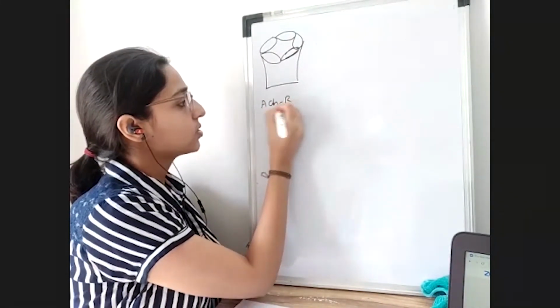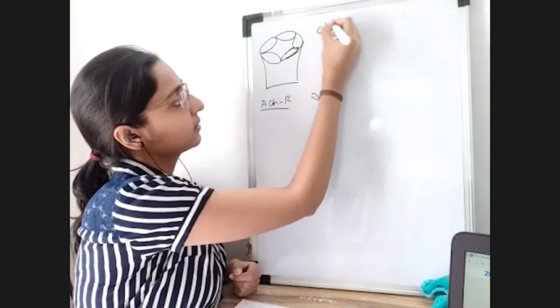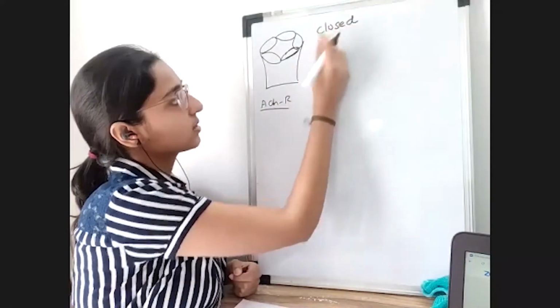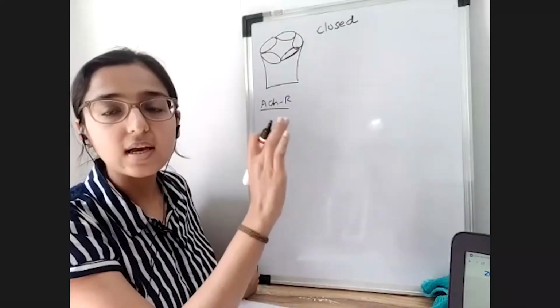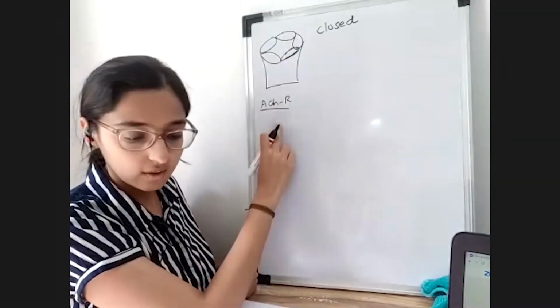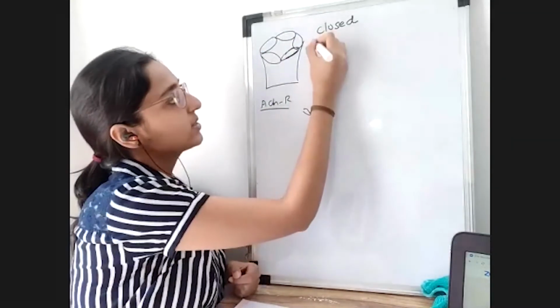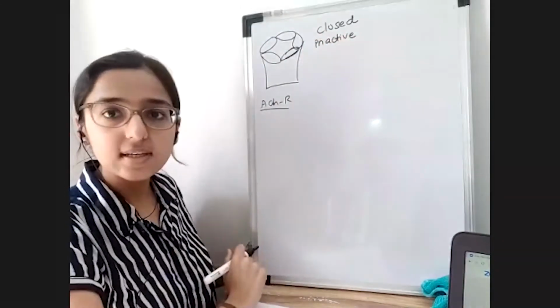This acetylcholine receptor right now is in the closed state. It's not allowing any flow of ions across the pore. So right now it is closed. It is inactive. The receptor is inactive.